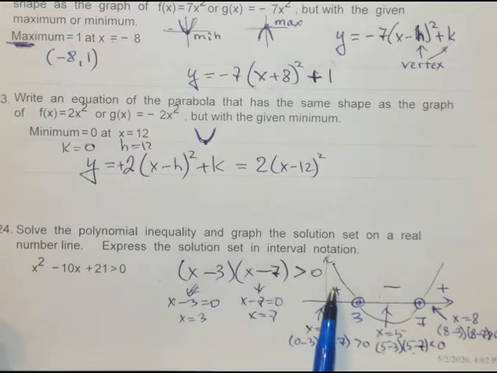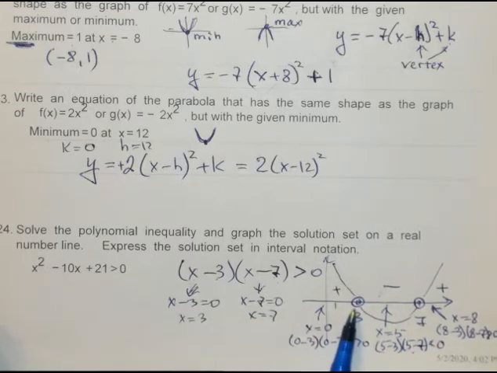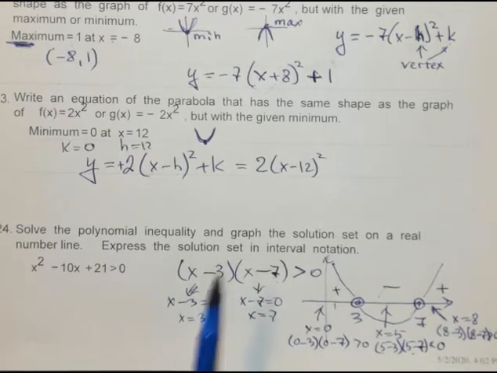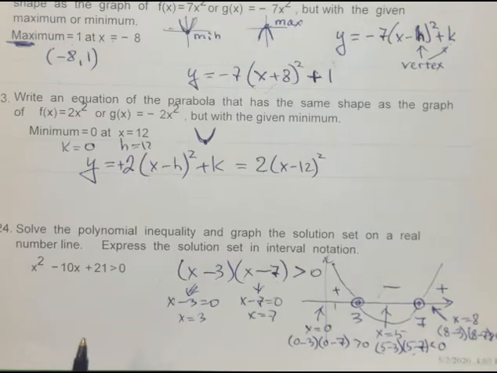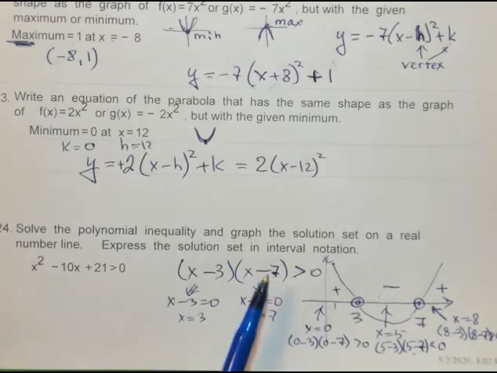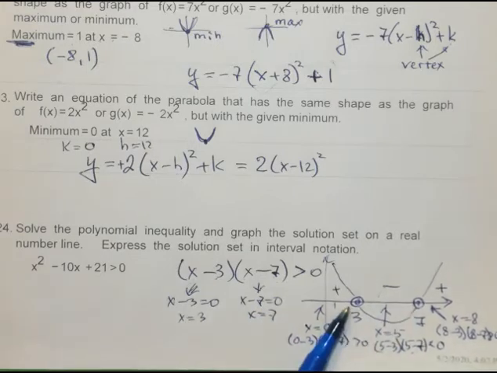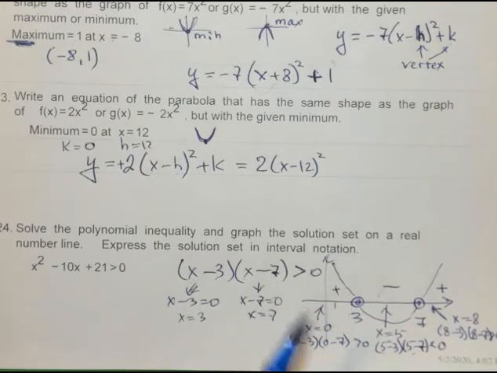So our product is positive outside of the points 3 and 7 and negative inside, and it is equal to 0 at the points 3 and 7. So we solve the inequality. We want to find the interval or intervals where it is positive, greater than 0, but not equal to 0. That's why the points are excluded.